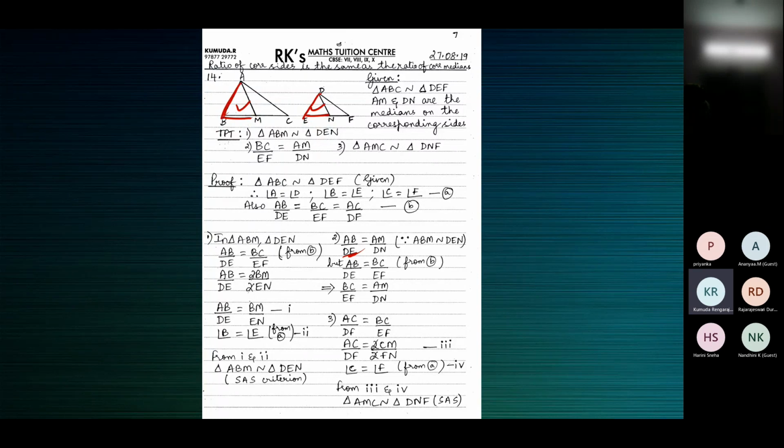So we know that AB by DE is equal to AM by DN because the two triangles are similar. We already proved here AB by DE is equal to AM, not altitude, median AM by median DN. But AB by DE is equal to BC by EF, because the two triangles are similar. So instead of AB by DE, you can write BC by EF. So BC by EF is equal to AM by DN.